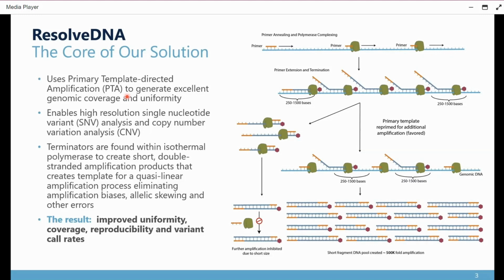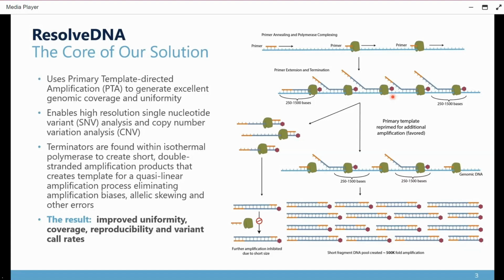The first way in which Resolve DNA does this is by using multiple random primers. These are shown on the schematic on the right-hand side of the slide. These multiple random primers also have terminator molecules added to them. You can see these in purple, also in the schematic.